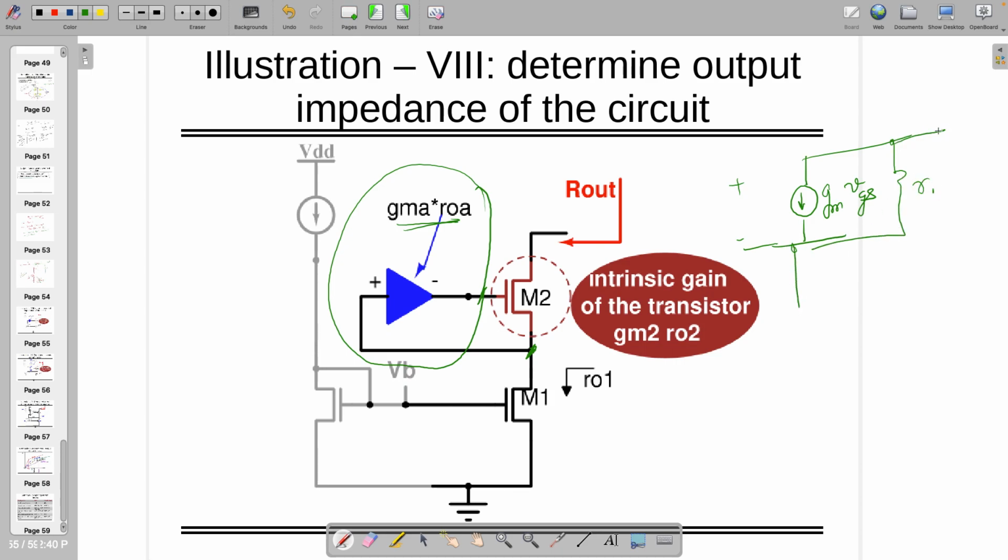So here actually you are improving the impedance by multiplying the same. So if the gain of this particular stage is gmA times roA, A stands for amplifier, and I'm keeping one transistor also whose intrinsic gain is gm ro, right? That is getting multiplied with this gate, right? So if that is the case, can you tell me what is the Rout? Just find out and let me know.